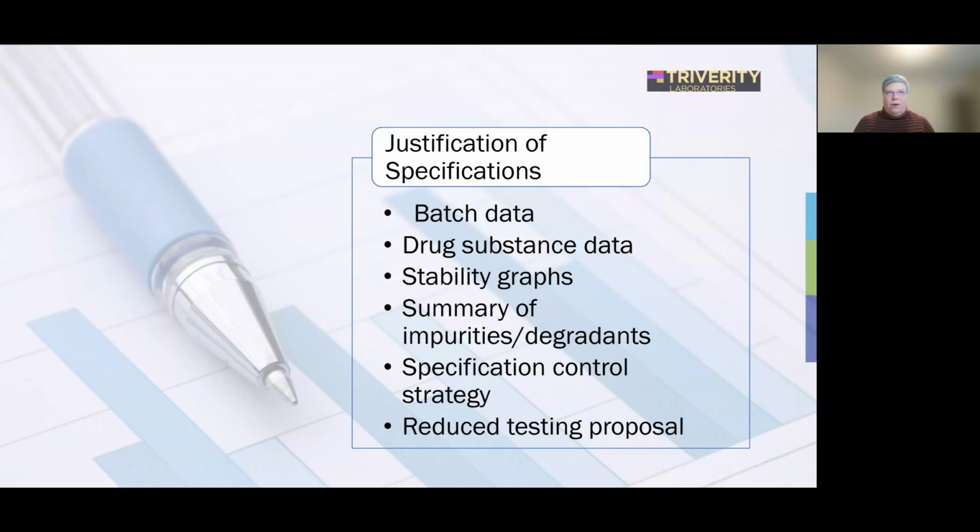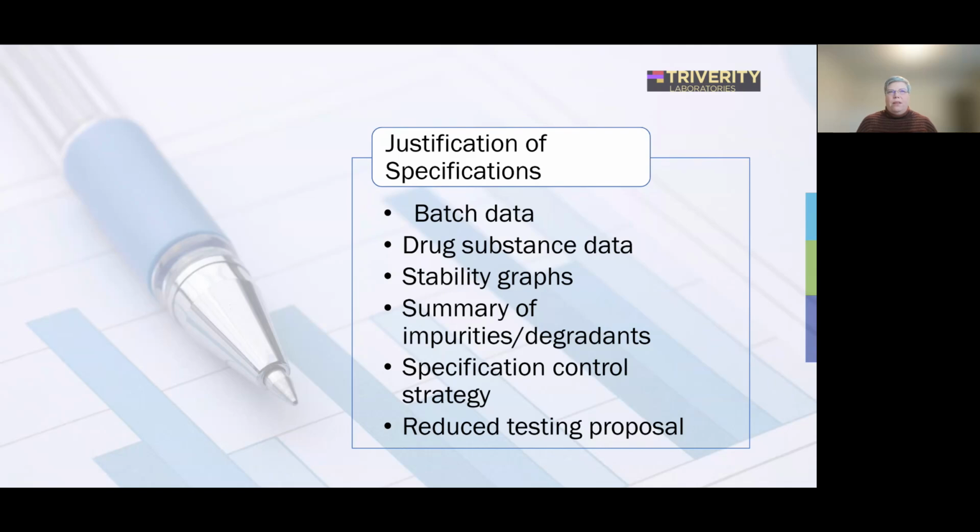If your API is dissolved and you don't expect there to be any issues during processing based on the particle size, you don't need to do particle size testing. And then goes into the in-process, the release, and stability specifications. We don't typically put raw material excipient specs in that justification. We would put that just in the specific CMC section for those.